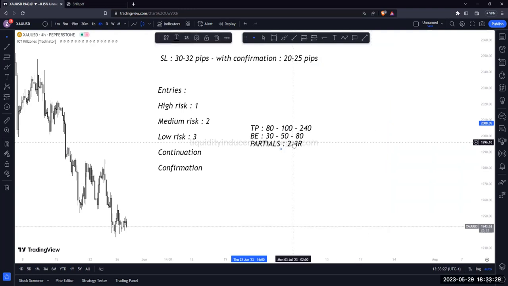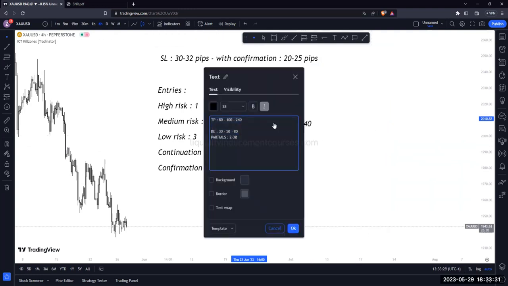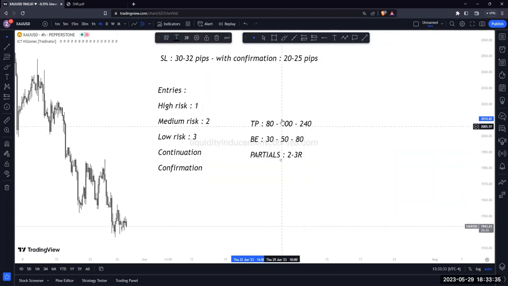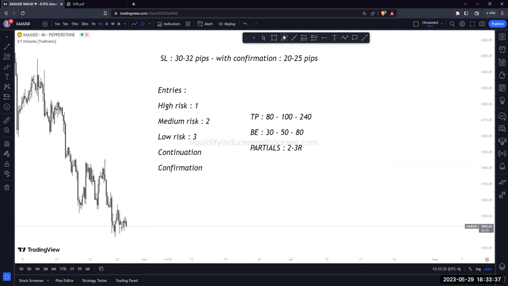Let me just explain this in detail now. TP for high risk is 80 pips, right? For medium risk, it's from 80 to 120. For low risk, the entry type that I taught you, the only one, is 240 at least.